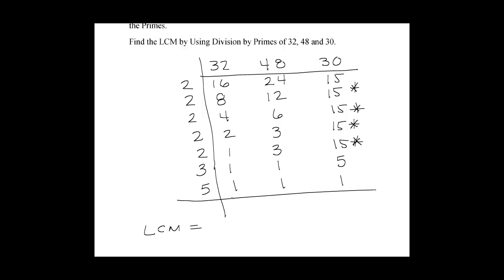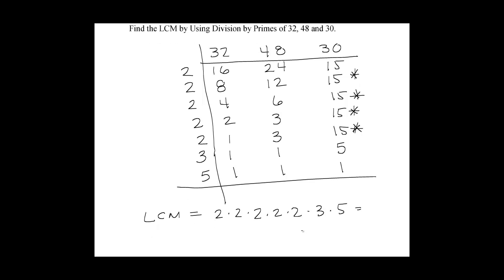The least common multiple then would be the product of these numbers. So the least common multiple of 32, 48, and 30 is 2 multiplied by 2 multiplied by 2, 5 of them. 1, 2, 3, 4, 5, and then 3 and 5. Okay, so we know that 2 to the 5th power is 32. We did that just a minute ago. So 32, and we have 3 multiplied by 5, that's 15.